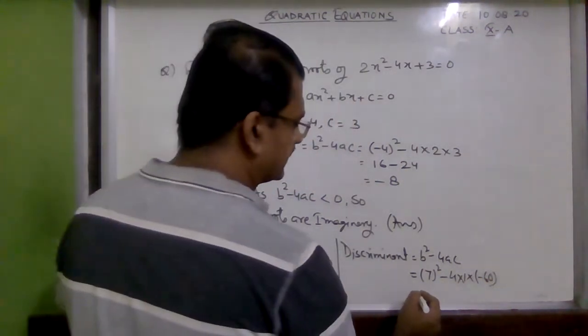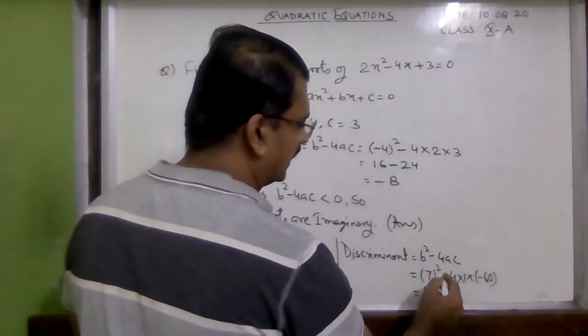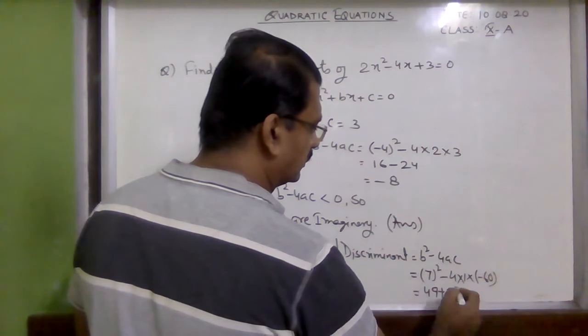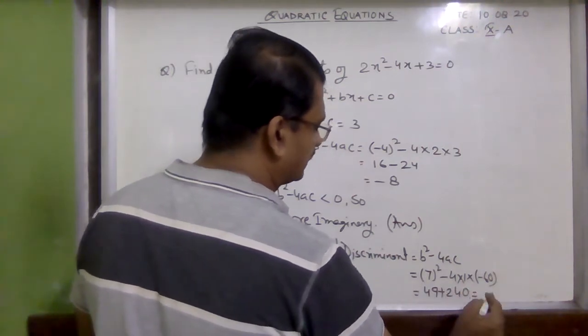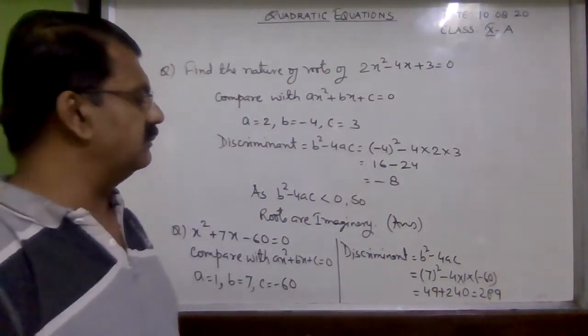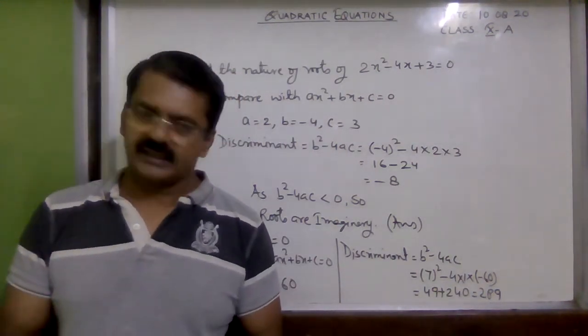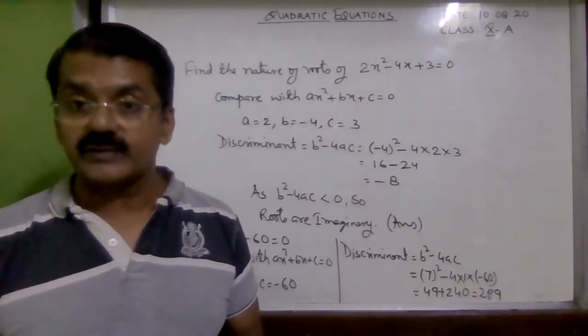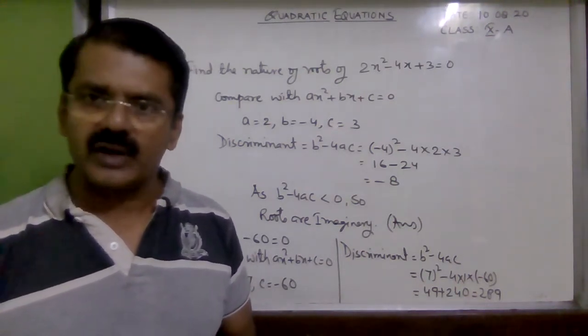Now see, 7 square is 49, minus into minus plus, 60 into 4 is 240, 240 plus 49 is 289. Now 289 is b square minus 4ac is greater than 0, means positive, and you can see 289 is a square of 17, so it is a perfect square number also.